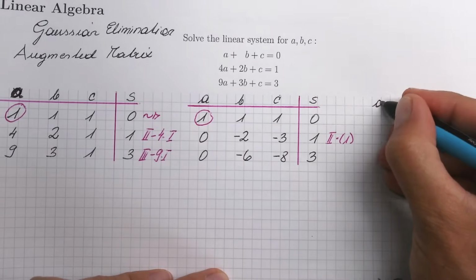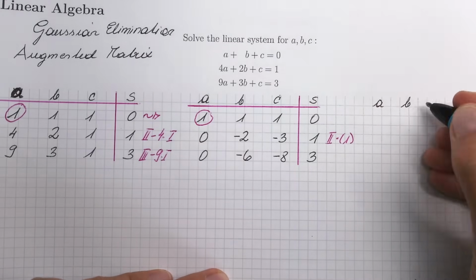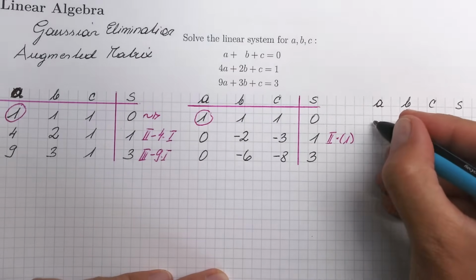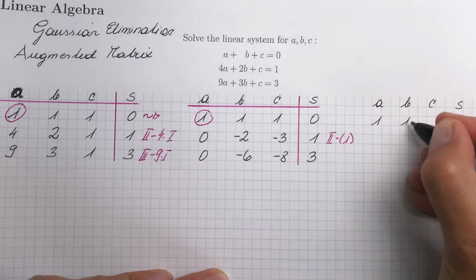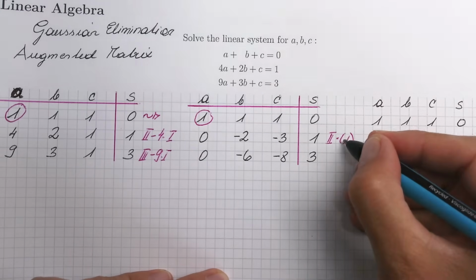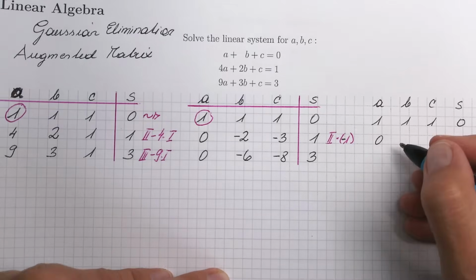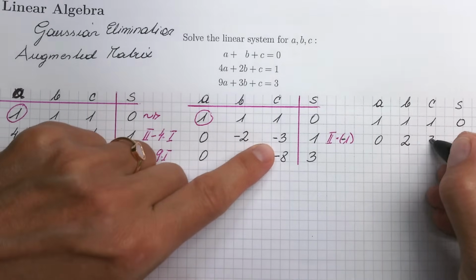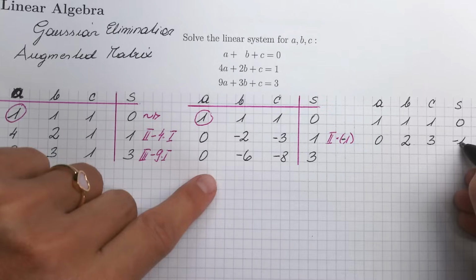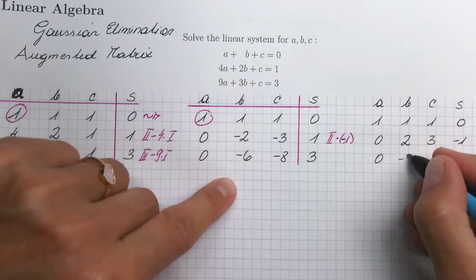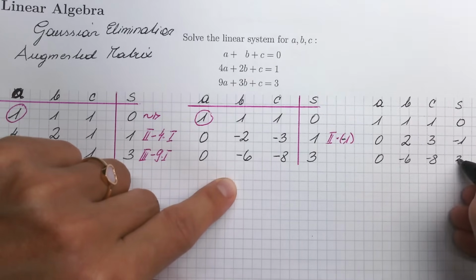Again, it's a, b, c, and the solution. We're keeping the first row untouched. The second one we multiply with minus 1. Minus 2 times minus 1 is 2, and minus 3 times minus 1 is 3. All we did is change the signs, and we keep the last row as it is.